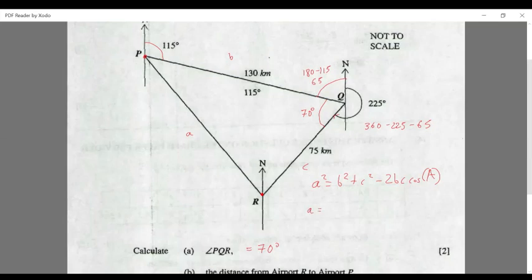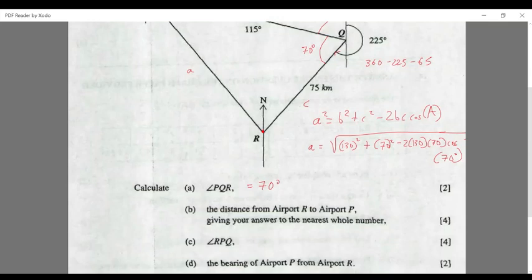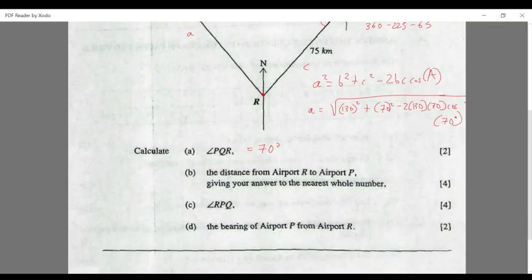So then A is equal to the square root of 130 squared plus 70 squared minus 2 times 130 times 70 times the cosine of 70 degrees. Since I don't have my calculator, I will leave this as is, and we will continue.